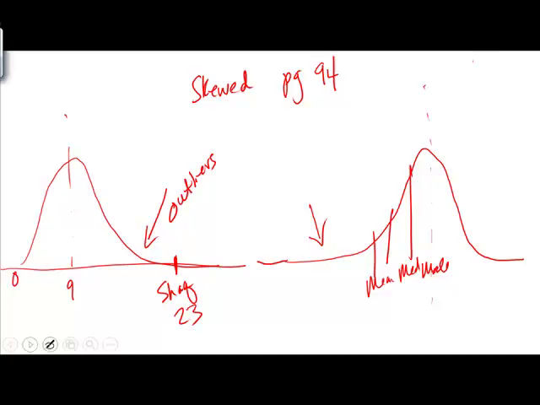Which ones gave you fits? All right, I'm going to do one, because there was one that a couple of people came to talk to me about. And it had to do with the frequency distribution tables.